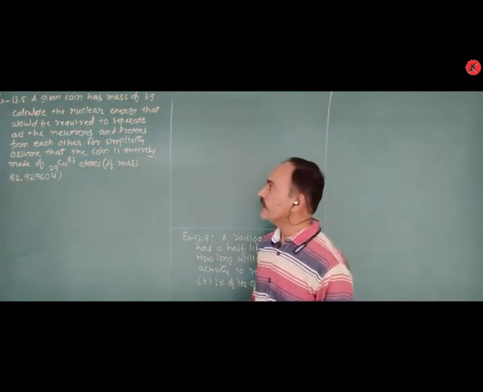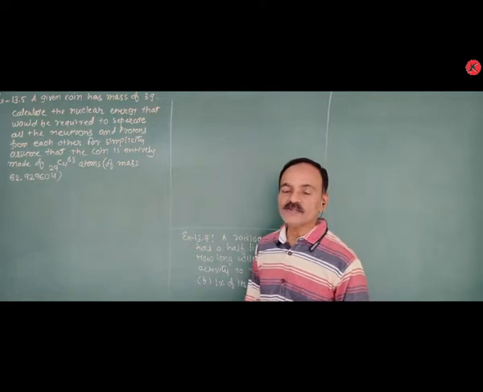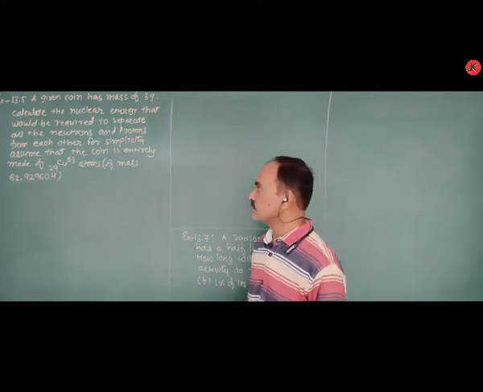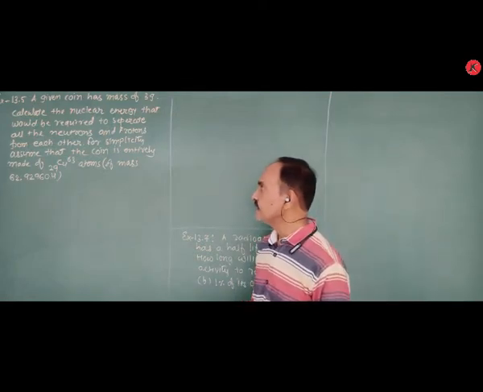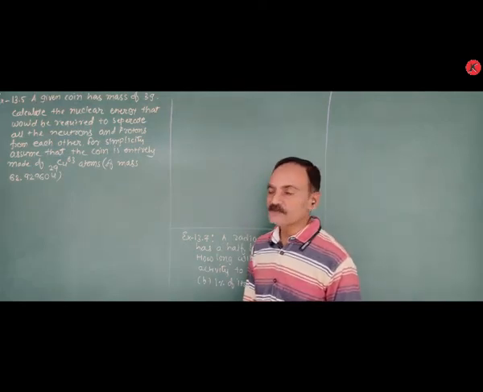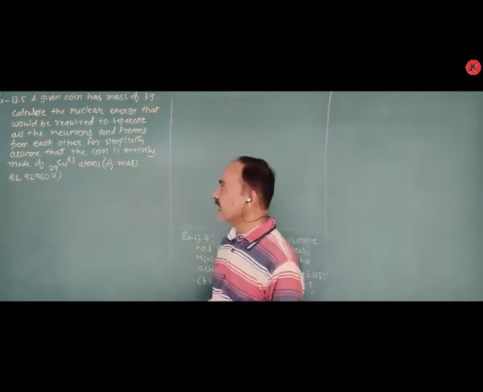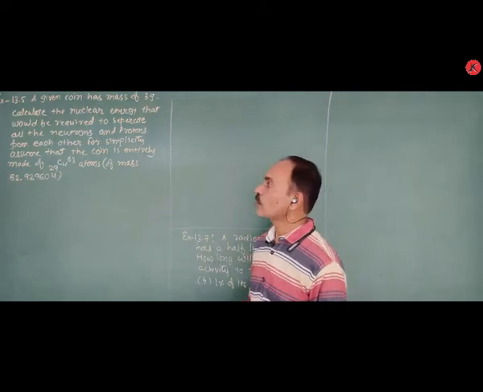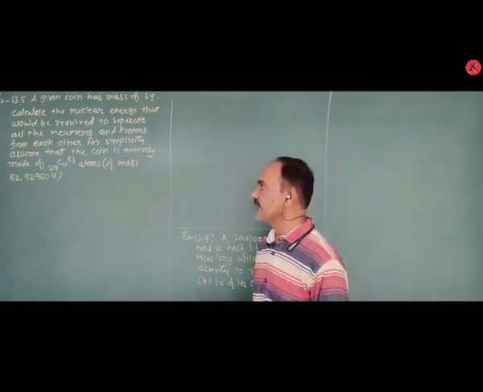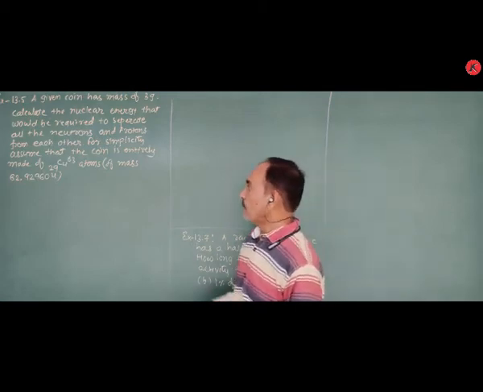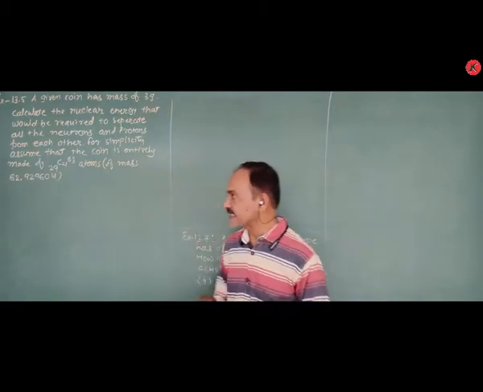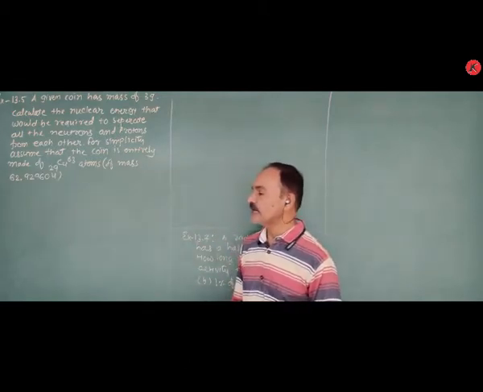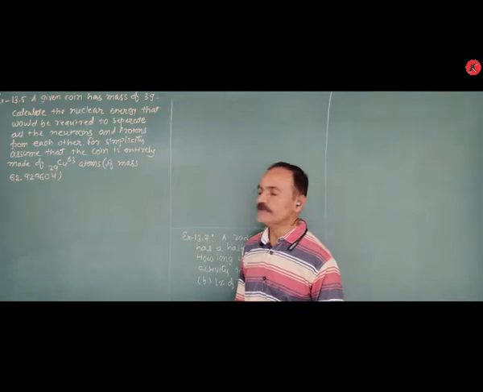Calculate the nuclear energy that would be required to separate the neutrons and protons from each other. For simplicity, assume that the coin is entirely made of copper-63 (29Cu63) atoms. The mass of the copper nucleus is given as 62.92960 atomic mass unit.